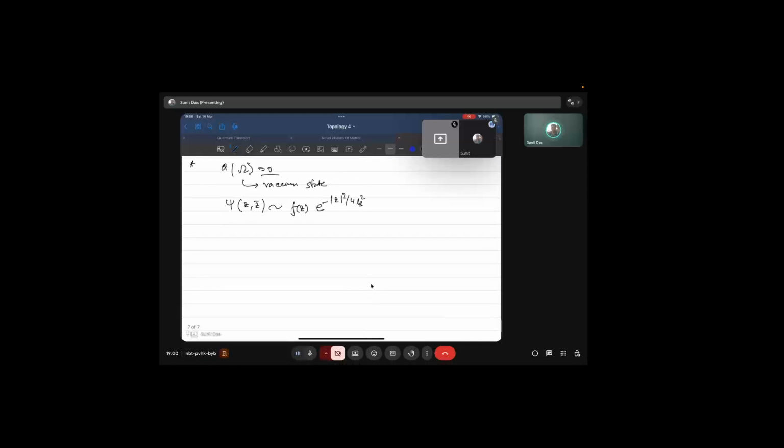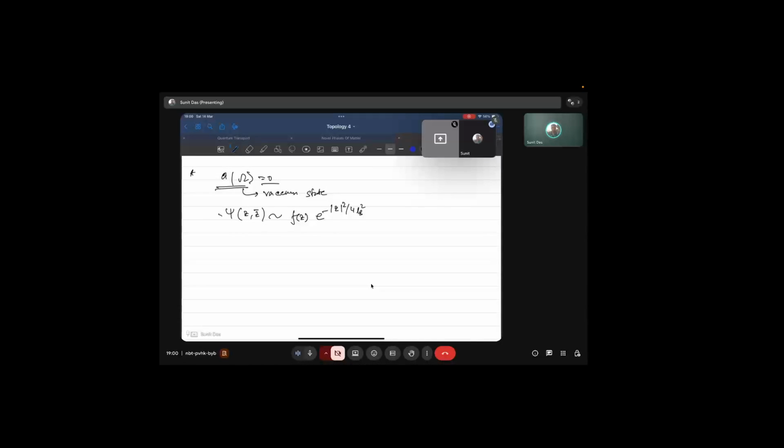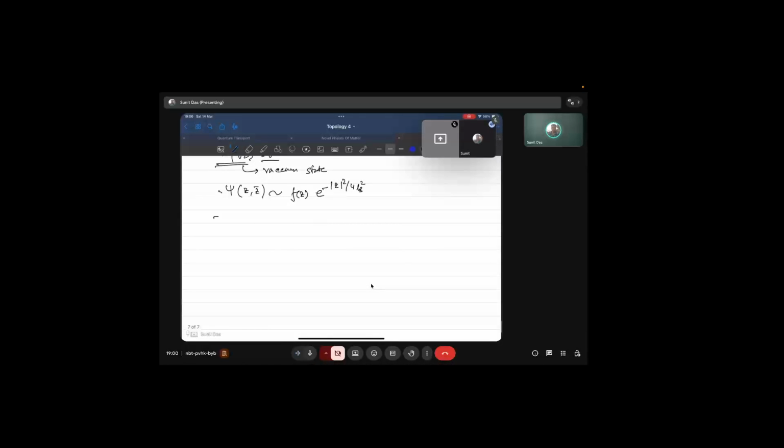Now if we do the algebra, we plug this in: minus i root 2 l_B del bar plus z by 4 l_B.